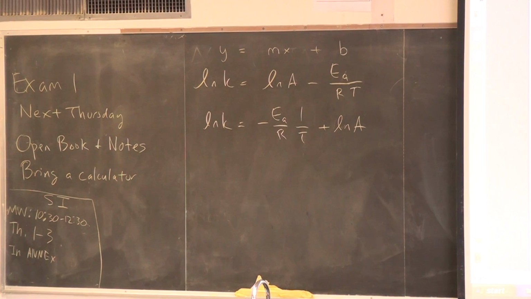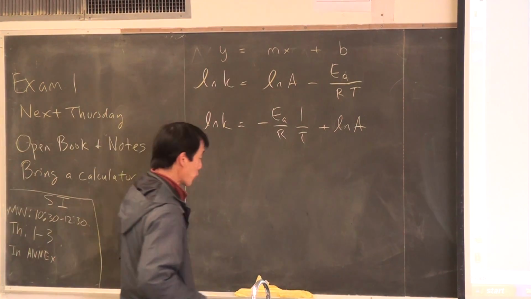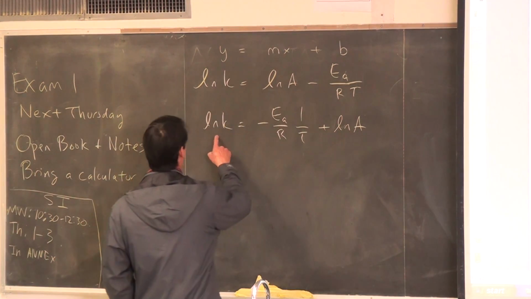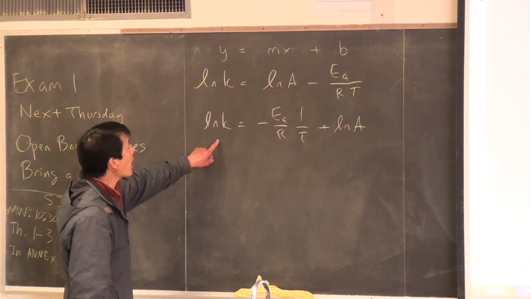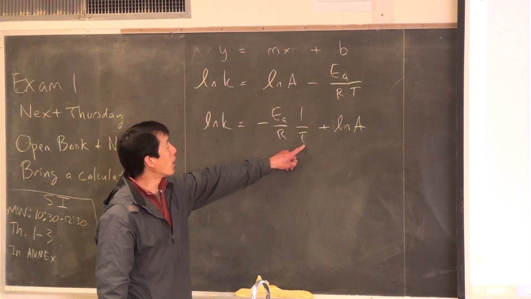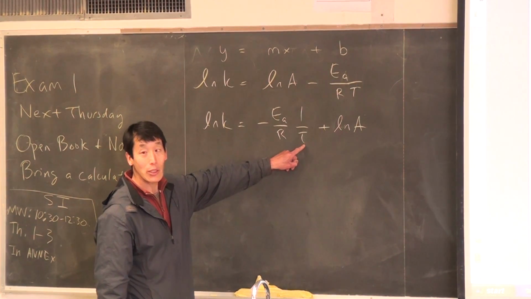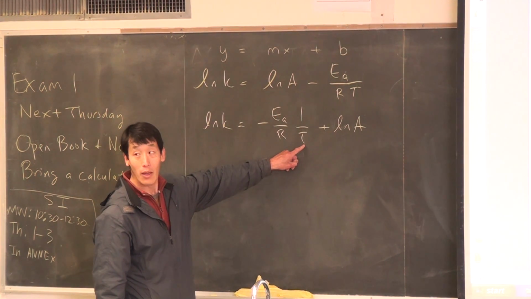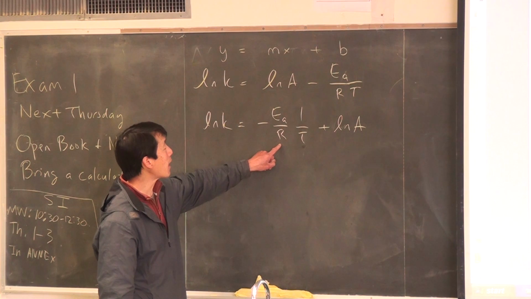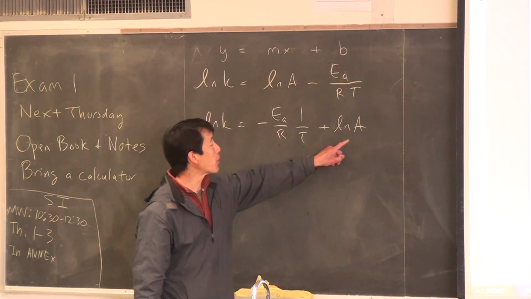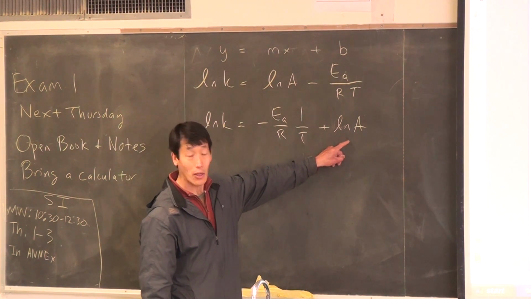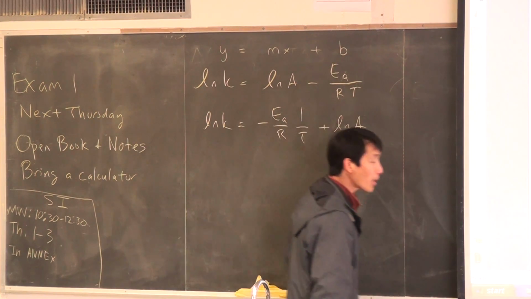Yes, we're going to plot natural log of k versus 1 over T. Note that we plot natural log of k on the y-axis and 1 over T on the x-axis. The slope is minus Ea over R, and the y-intercept is equal to the natural log of A. That's what you'll be plotting.